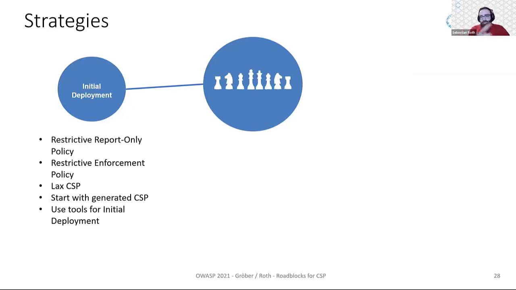In this mode, the policy is not enforced, but violations are reported to the developer. Others, however, tend to start with an enforced CSP, which then results in a loss of functionality in some parts of the application. Also, tools for the initial deployment, for example, to start with a generated allow list for the CSP, were often mentioned or used during our study.